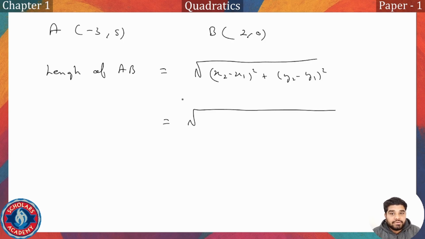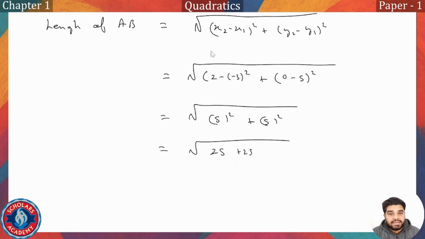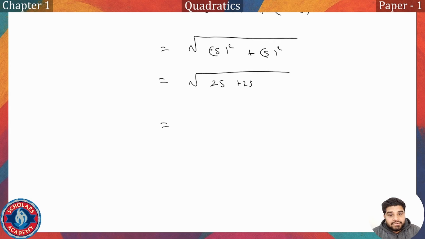So we get root of (2 minus minus 3) whole square plus (0 minus 5) whole square, that is root of 5 square plus 5 square, that is root of 25 plus 25, that gives us 5 root 2. This is our distance AB. So I hope it is clear. Let's continue.